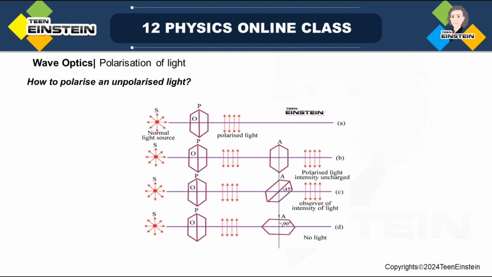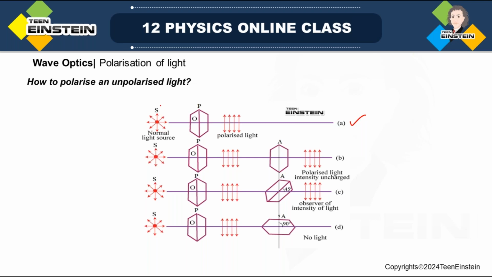Now we can have a small demonstration of how, using a polarizer and analyzer, we can understand whether a light is polarized or not. First of all, how to polarize a light? We can use a polarizer, as you see from this figure A. This is unpolarized light.